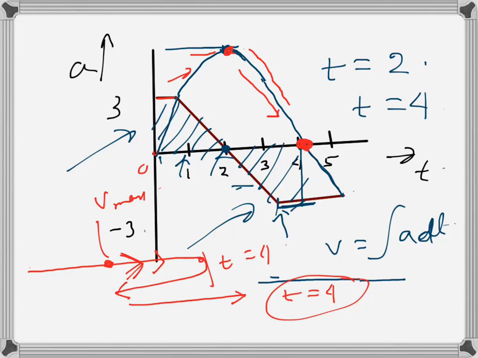And then at t is equal to 4, the velocity becomes 0 and it turns back, it starts going to its origin. So this is coming back in the direction of the origin.